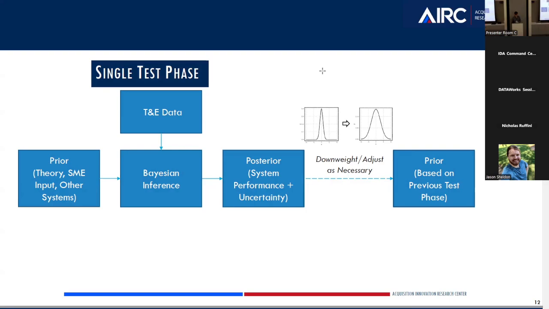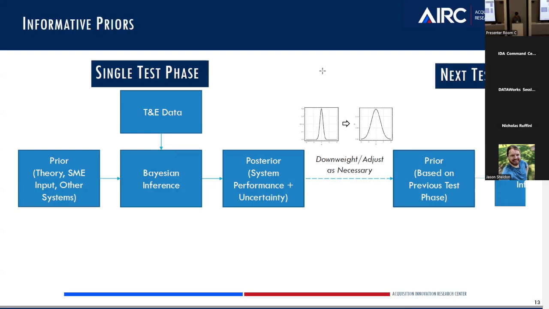We might do something like downweighting it, for example. So here I'm trusting my point estimate from the previous data, but I'm adding uncertainty to allow the data that I'm collecting next to move my estimates. Okay. So that's just this distribution getting a little bit wider. And then we can just take it and iterate. So this is what I'm going to call informative priors. It's the Bayesian method that I'm going to compare to.